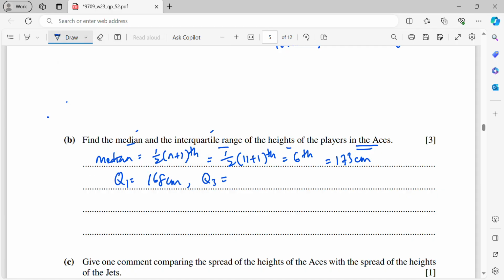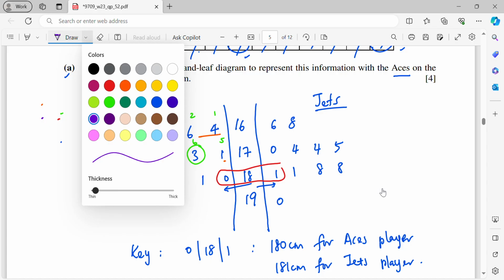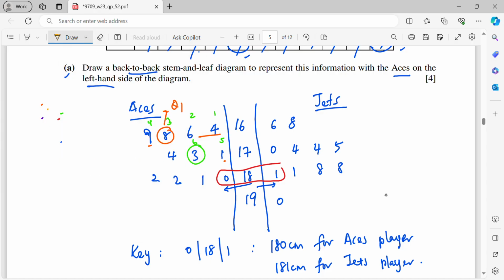Then for Q3, same method, right? So now here I will have the top 5 data. This is 1, 2, 3, 4, and 5. So again, when you divide, it will be 4 and 5 together, then 1 and 2 together.